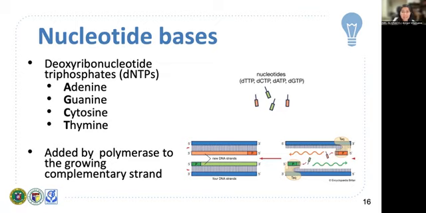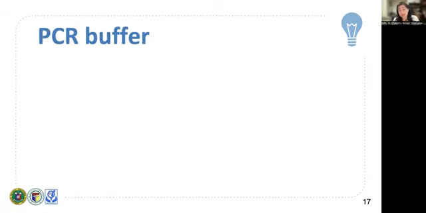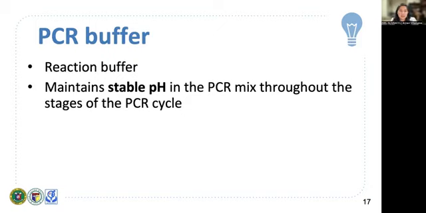Okay? And last key player, last but not the least, is your PCR buffer or your reaction buffer. So what is the PCR buffer for? PCR buffer essentially maintains the stability of your PCR mix throughout the stages of the PCR cycle because it gives that right pH balance in your PCR environment regardless kung nasaang stage na siya ng PCR cycle mo.